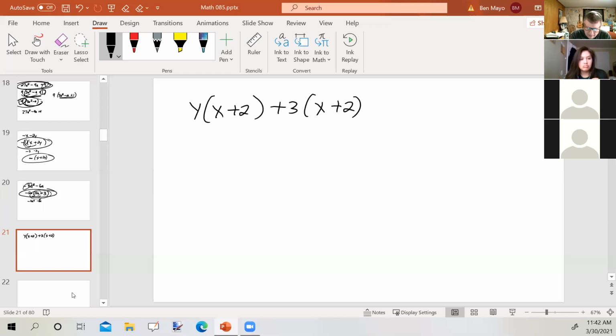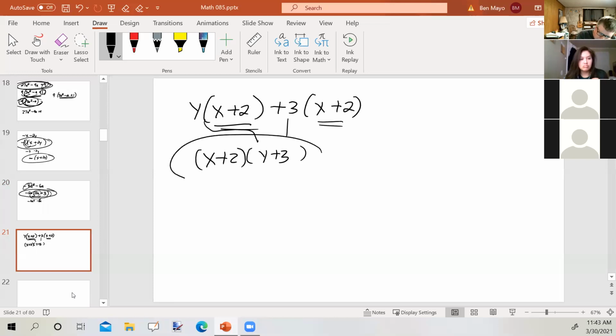Can you see that x plus 2 is a common factor of both of those products? So I'm going to take out an x plus 2, and what's left over is y plus 3. So that would be my factored answer. Any questions on that situation?